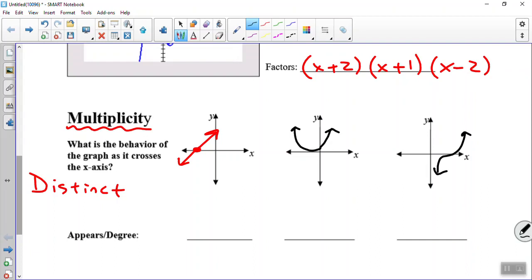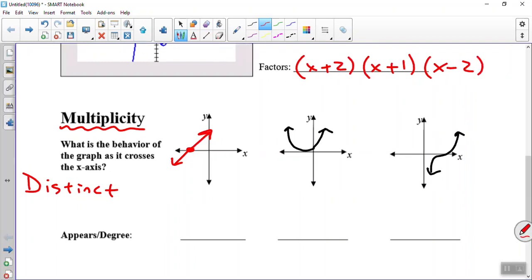On the left here, this looks like it is crossing the x-axis like a linear function. Remember, in terms of polynomials, a linear function is just like 2x plus 1, 2x plus 4, and so on. It's x to the first power, but we don't write the 1. So this resembles a linear function as it crosses the x-axis.